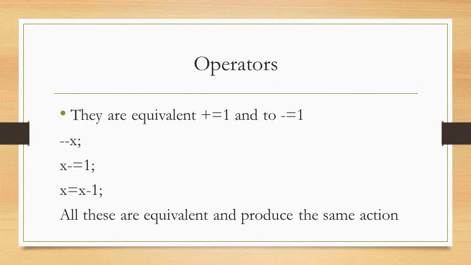They are all equivalent and they produce the same result. You get it? In either case, the value of x is decremented by 1, while the other one is incrementing. This one is decrementing the value of x by 1. It may not necessarily be 1, it may be any literal that you decide to type, depending on the logic of the program. You got it?